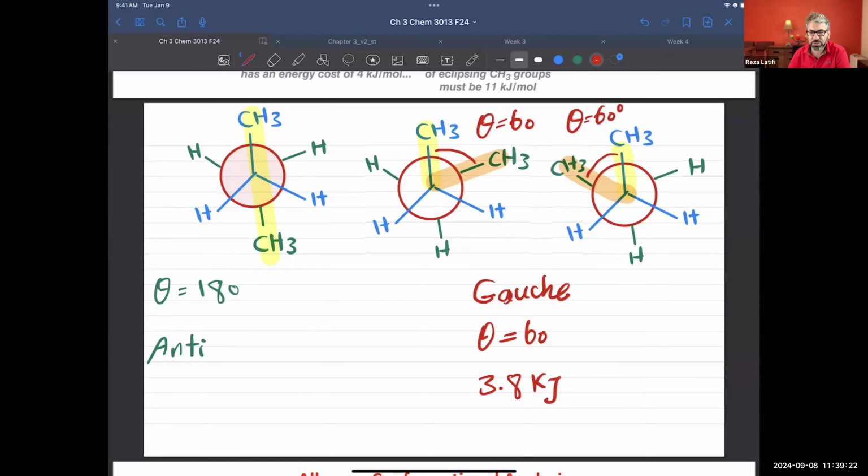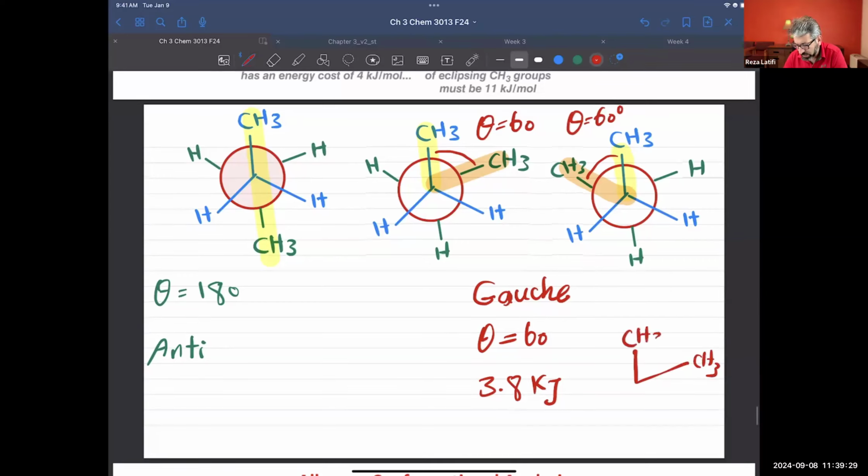So the interaction between two methyl groups in a gauche position, when theta is 60 degrees, will cost you 3.8 kilojoule. Keep this in your mind. Now, you have two gauche conformations. In one, methyl is on the right side. In the second one, methyl is on the left side. Of course, you have one staying on the top.